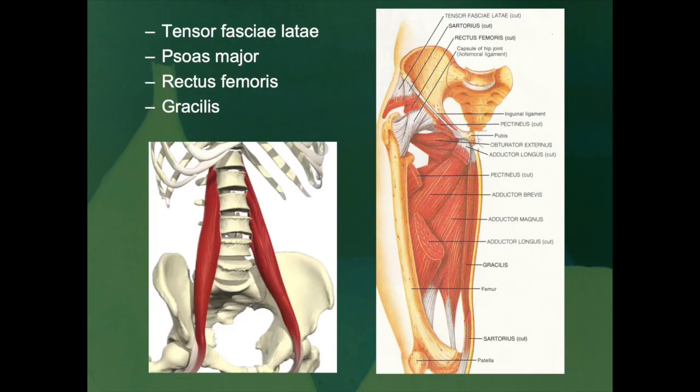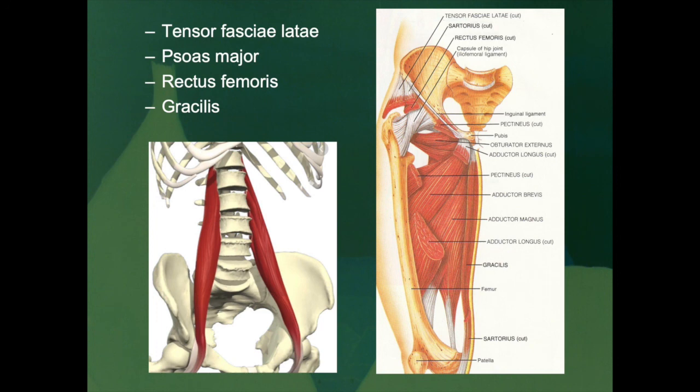We have the tensor fascia lata, an important muscle that flexes and abducts the thigh. It will originate with the iliac crest. So the tensor fascia lata and the iliac crest are closely associated, and then it will insert with the tibia. But the iliac crest is what I'd like you to associate with that muscle and how it flexes and abducts the thigh. We have the psoas muscle, which we looked at before.